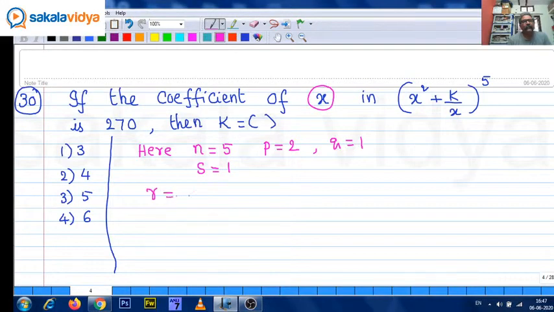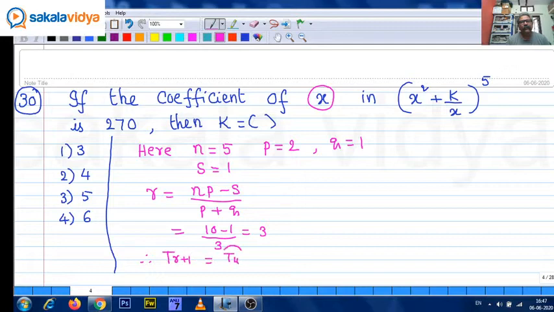R value is given by the shortcut np minus s by p plus q. np means 10 minus 1, p plus q is 3, 9 by 3. 9 by 3 is 3. R value is 3. Therefore tr plus 1 equals t4. T4 term is consisting of x.